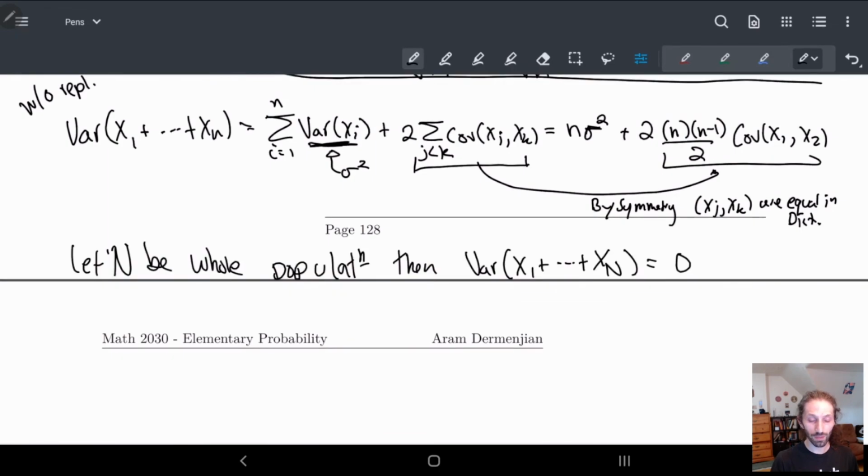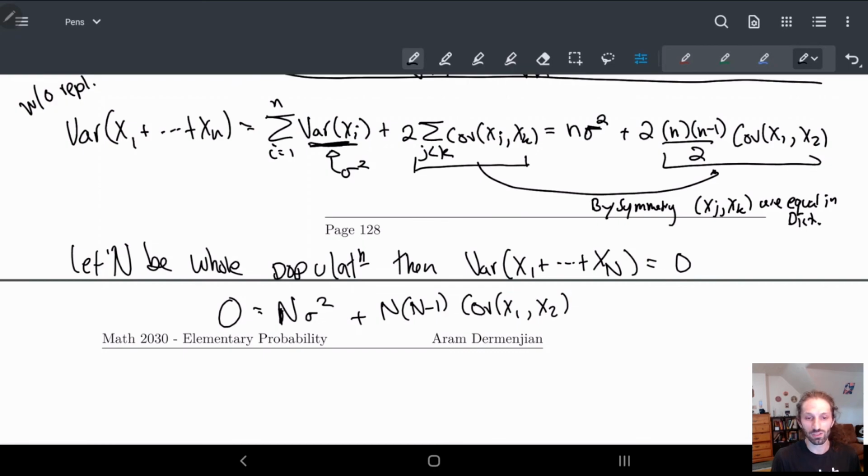And what this implies is that we have this formula from up above. We have 0 is equal to N sigma squared, plus, well, the 2's cancel, N times N minus 1, and then whatever this covariance of x1, x2 is.